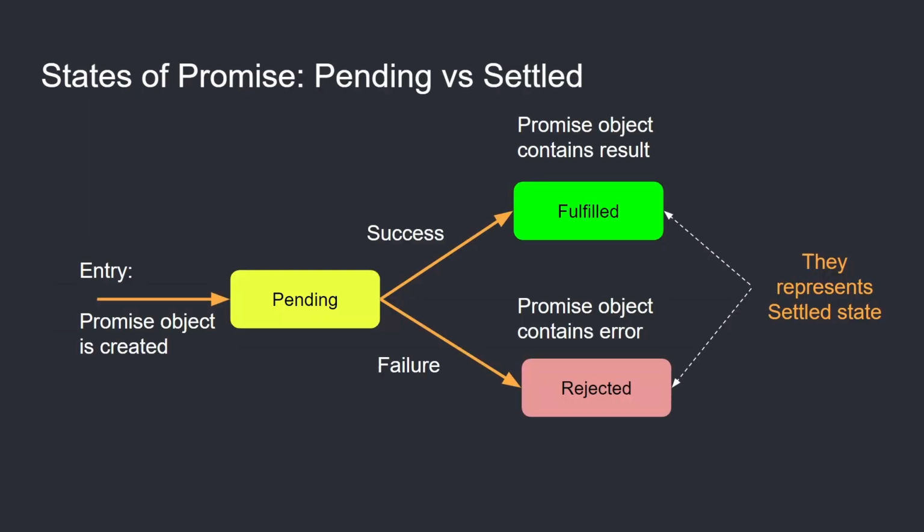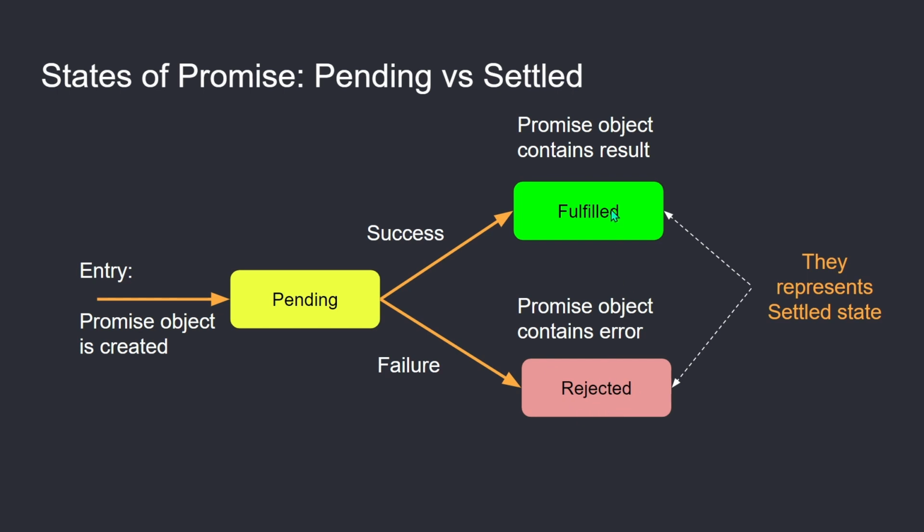Let's understand the states of promises, that is pending versus settled. So we understand what is the meaning of settled. Earlier we learned the states of promises in our earlier video; I'm briefly discussing the important thing. Initially the promise will be pending, and if the API function is successful, the promise will be fulfilled, and if the API function fails, the promise will be rejected.